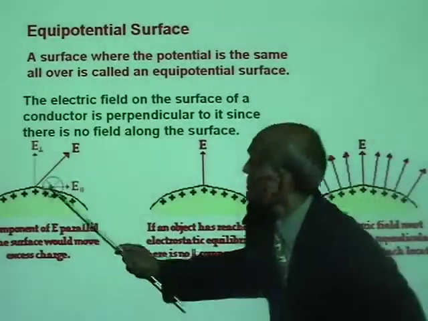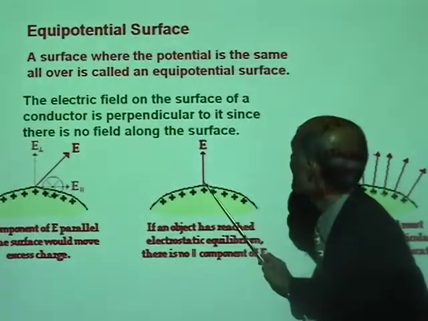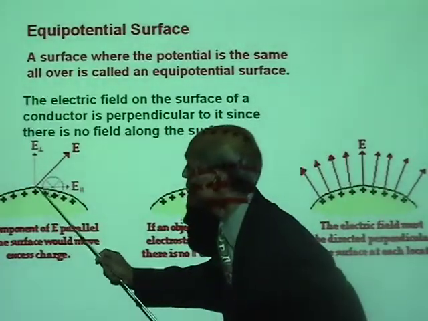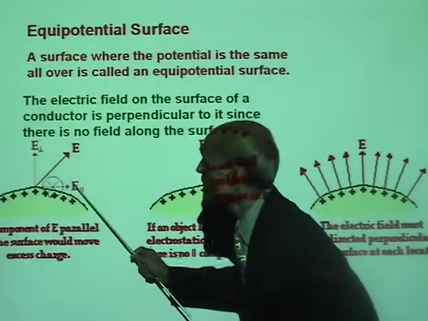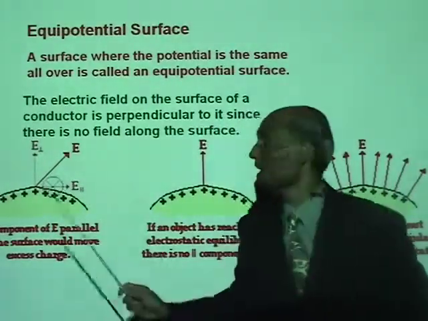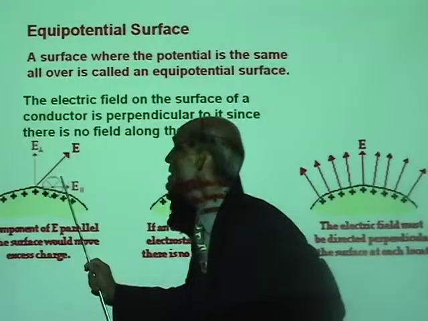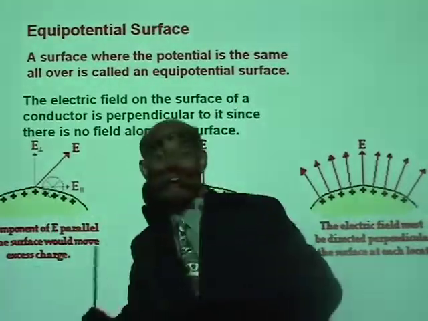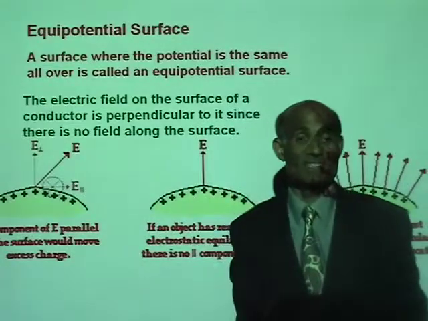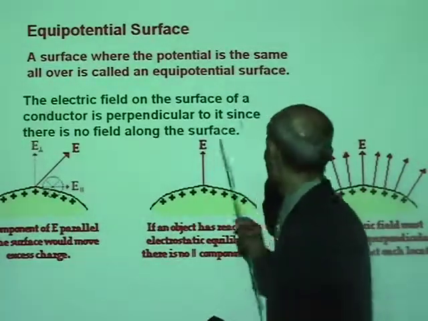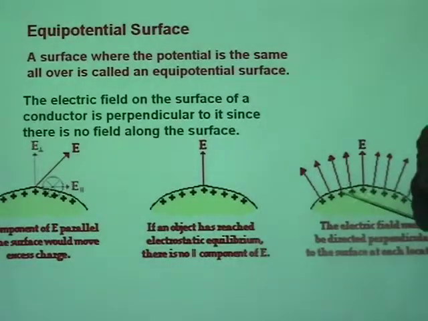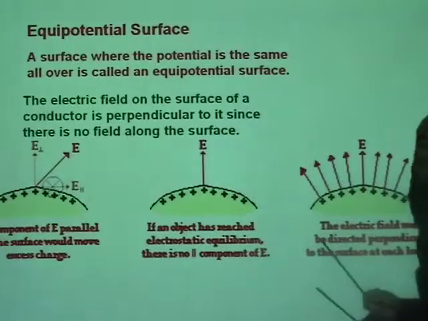Now, you can see the electric field is at right angles. You can see I have shown here the electric field cannot have a component along the surface. Why? If there is a component, it will make electric charges move in the conductor. Since it doesn't happen, electric field has to be at right angles. That means electric field lines all over the conductor are at right angles.